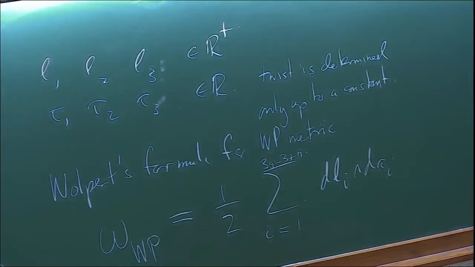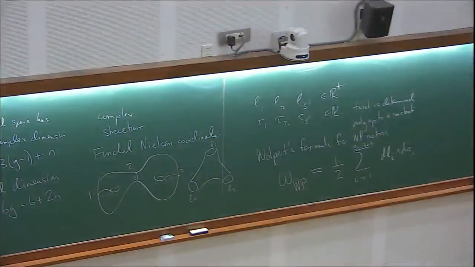That is a two-form. So the first thing you would think is, well, okay, great. I've got my pants decomposition, I get my two-form. I take a different pants decomposition, and there are infinitely many of them. So it looks like you've got an infinite class of two-forms.